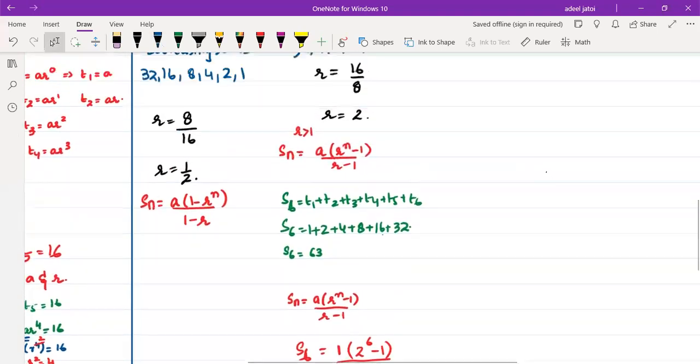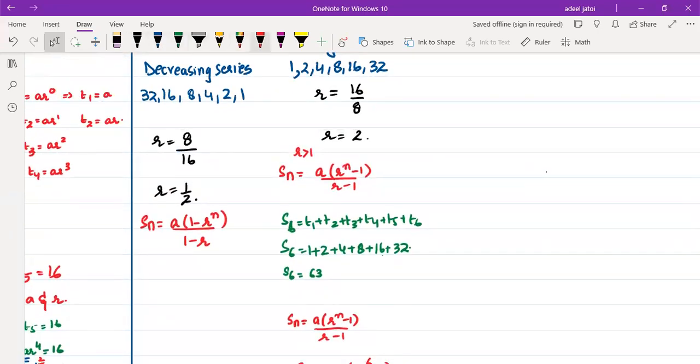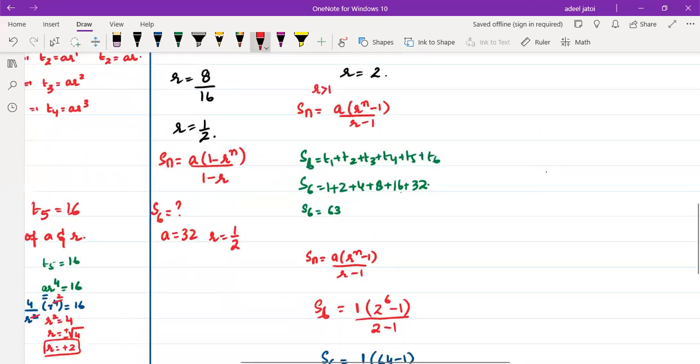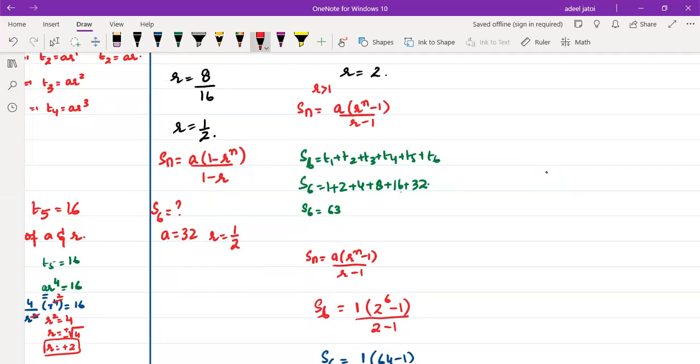Similar case, let's follow the same pattern here as well. If I need to have the sum of 6 terms, but here a is 32 and r is equal to what? 1 upon 2. We calculated r, right? But what we need to understand is the formula is a bit different. So S6 is equal to, considering a as 32, (1 minus half to the power 6) upon 1 minus half.